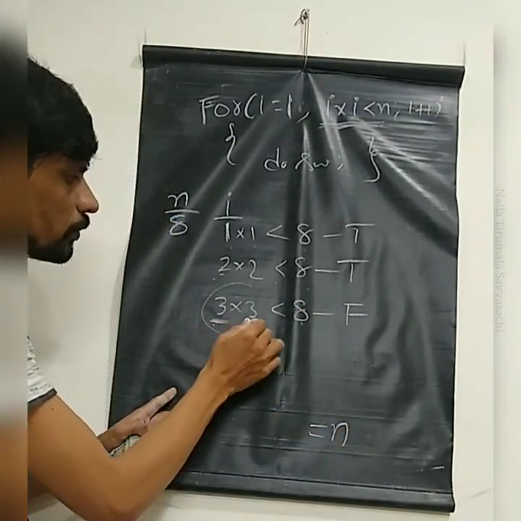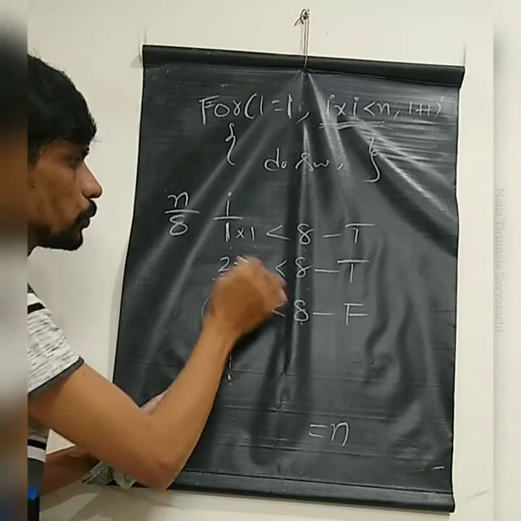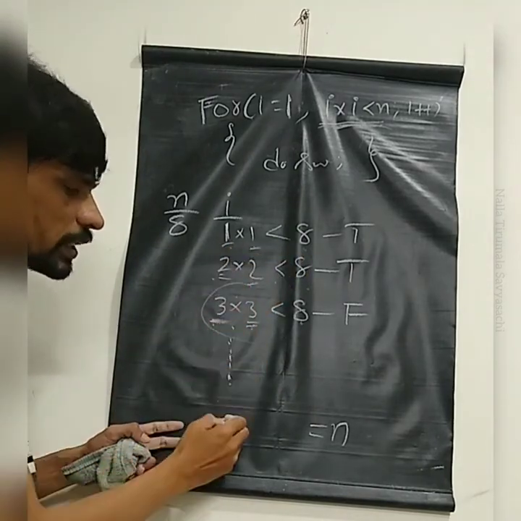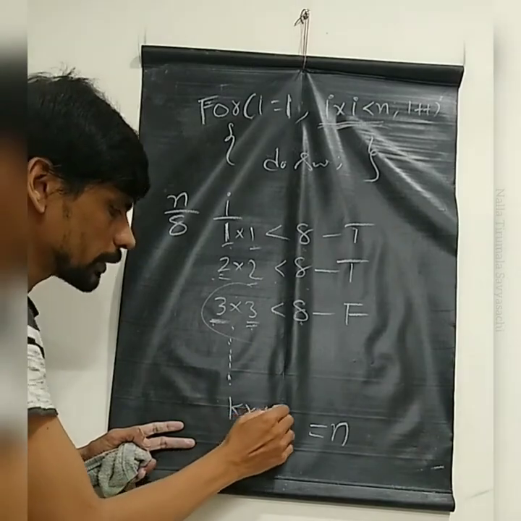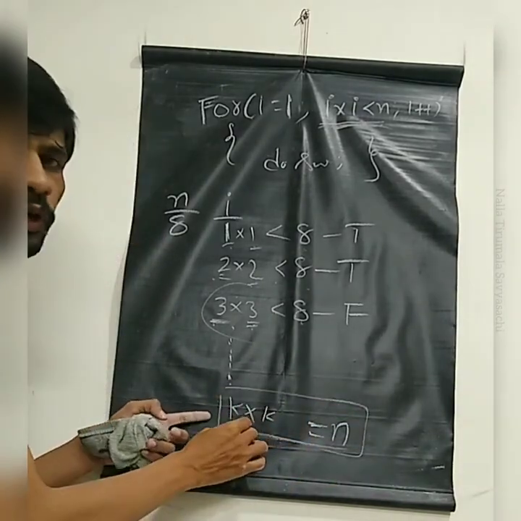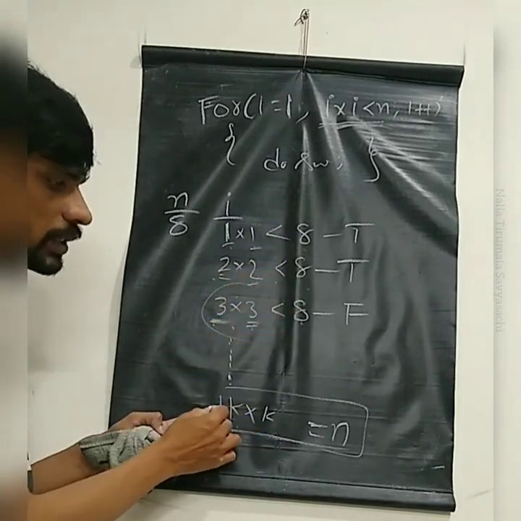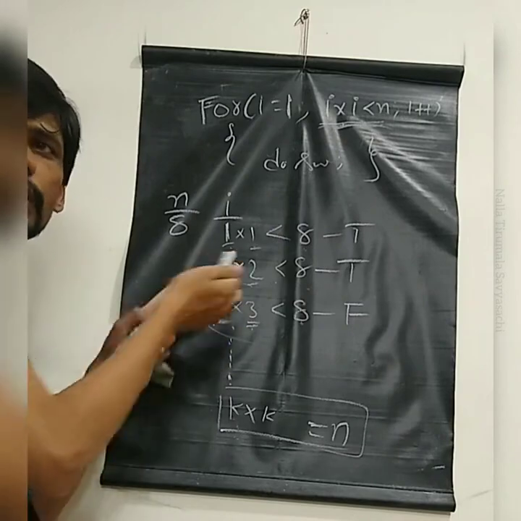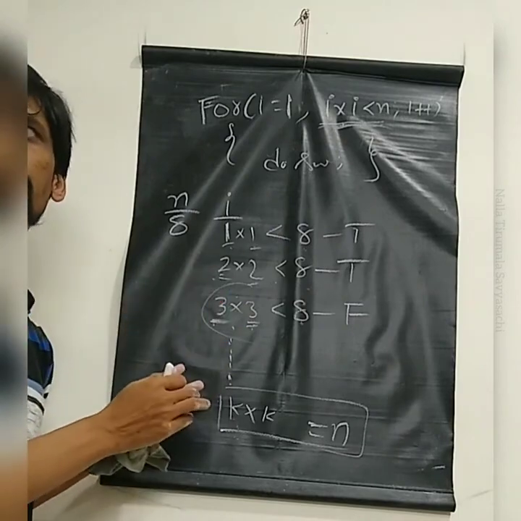So instead of 3 times 3 or 2 times 2, we will generalize it. Let's imagine this is k. So k multiplied by k equals n. Until we reach this point, we will repeat, and once we reach it, our condition will break and the for loop will stop execution.